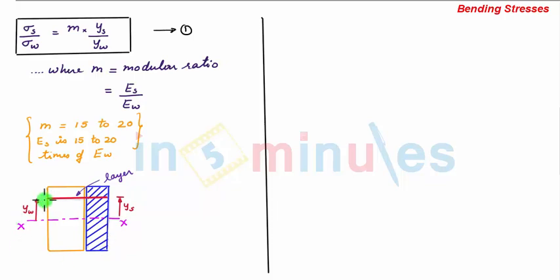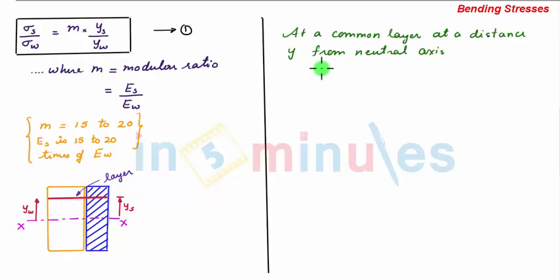Also, if we consider a layer which is common to both wood and the steel, at a common layer which is at a distance y from neutral axis, so this y is equal to YS and it is also equal to YW.